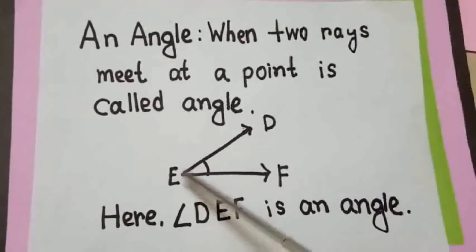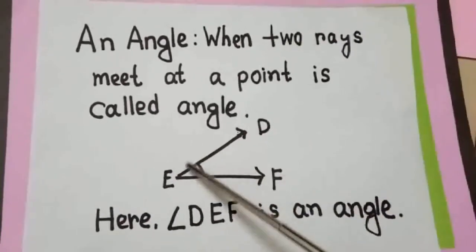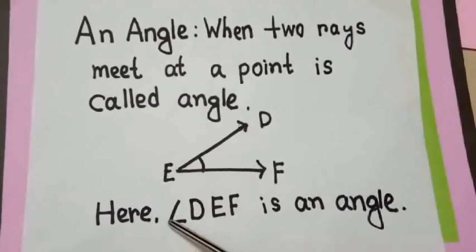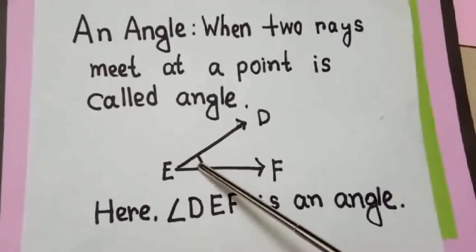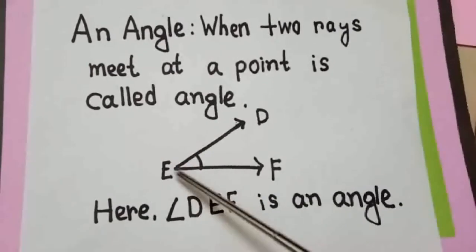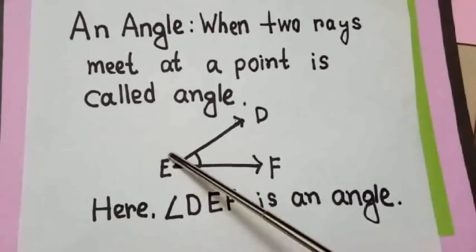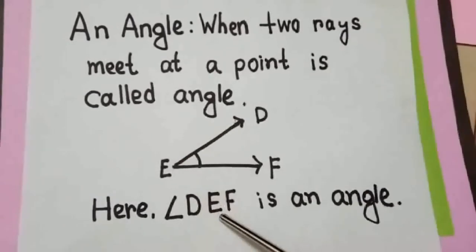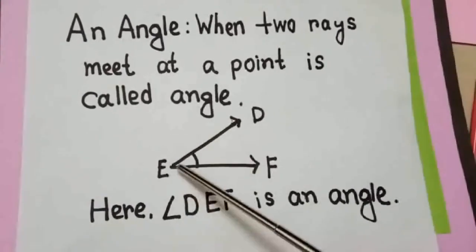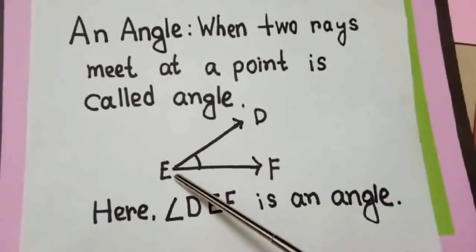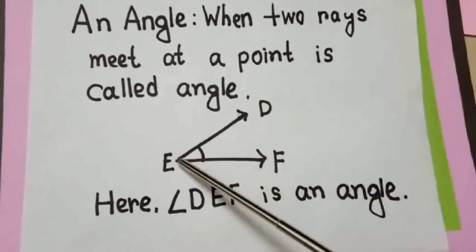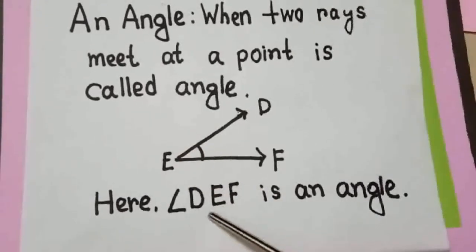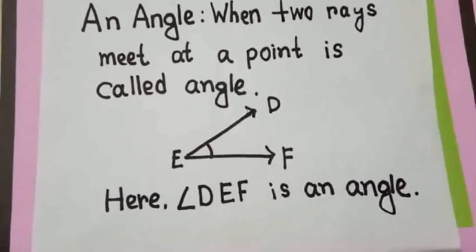Here D, E, F is an angle. Don't forget to give this sign and this sign. And of course you have to write E in the middle because this is the vertex. Always you have to write the vertex in the middle.